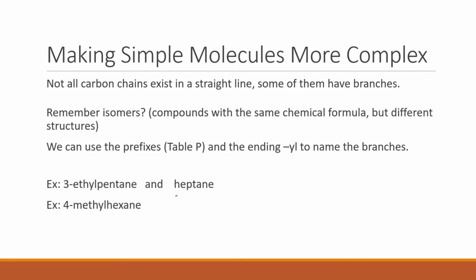So we looked at something like heptane and broke it down using table P and Q to find out that this means 7 carbons and this means single bonds, which means that our drawing for heptane should look like this.